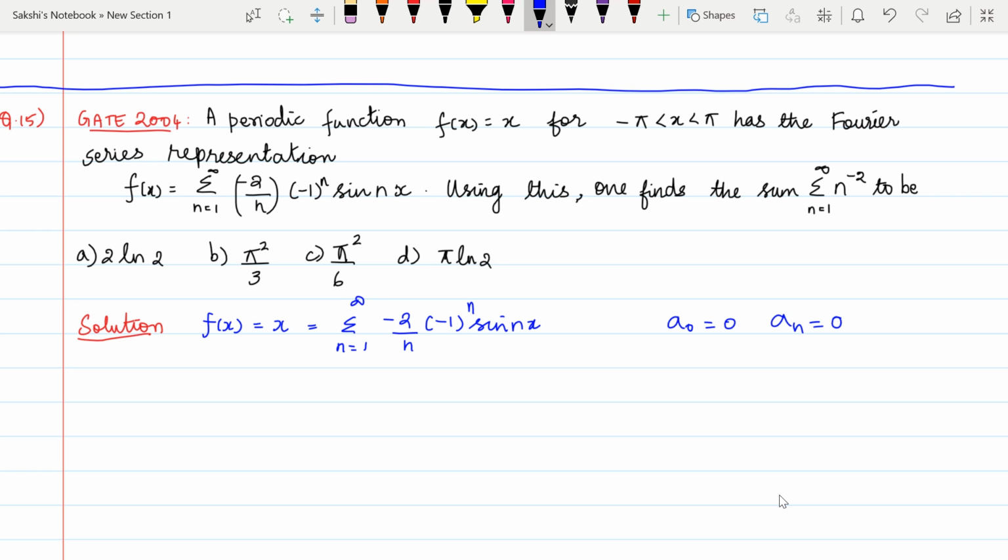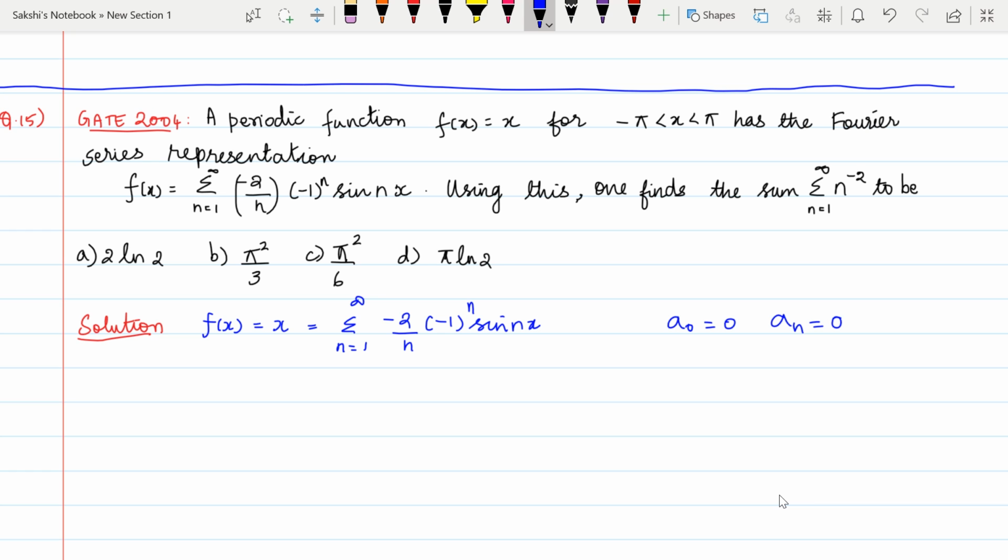So therefore, we can say that only bn is present because only the sine term is present. So only when the sine term is present, bn alone is present, and therefore a naught and a n will be equal to 0.